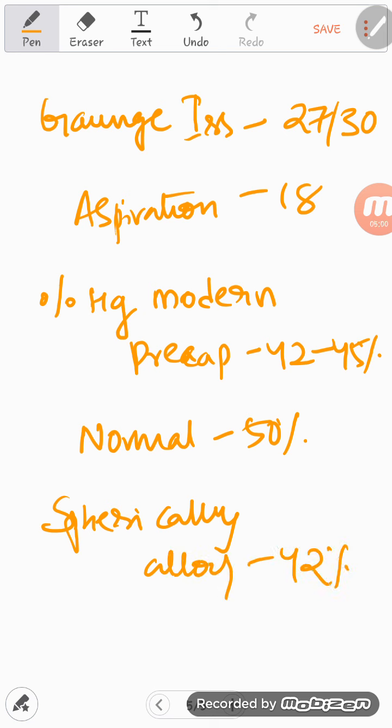So these are the most common and frequently asked numericals.